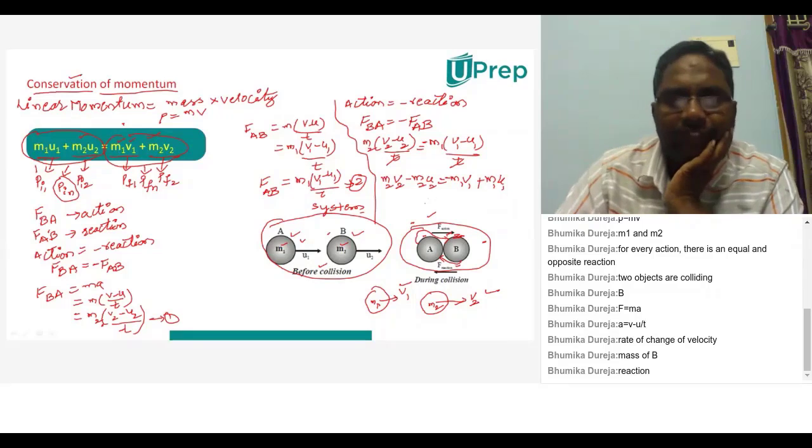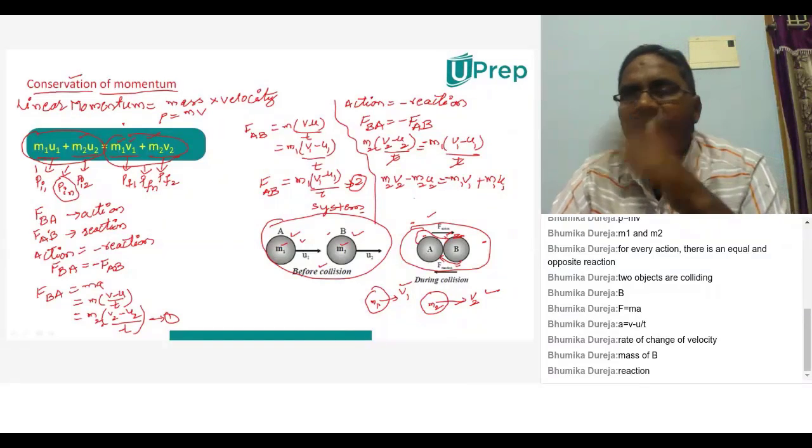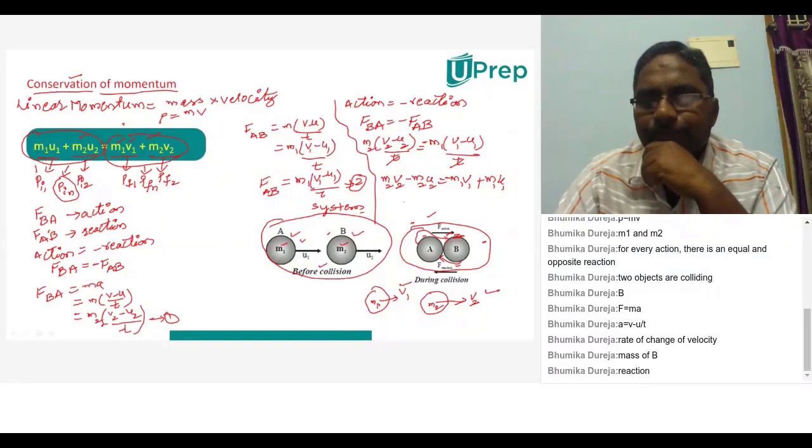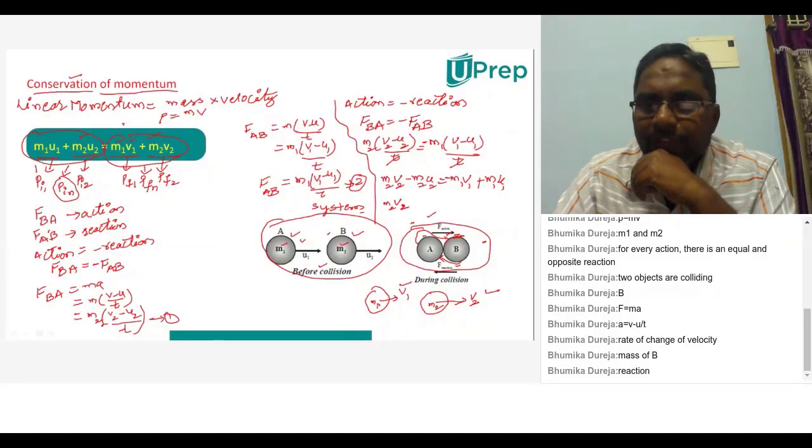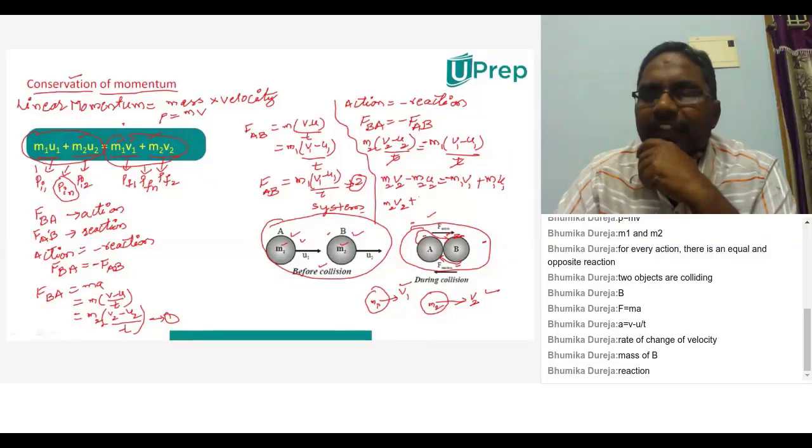Now we will write all V's one side and all U's one side. M2 V2 as it is I am writing, and M1 V1 this side I am bringing, so it will become plus as I am bringing it from right side to left side.